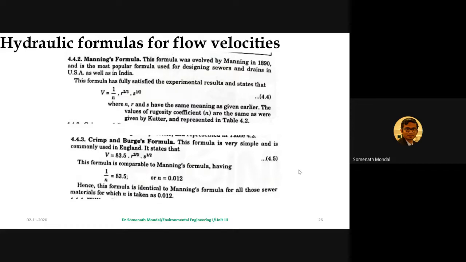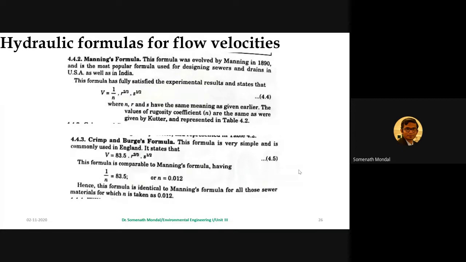That is why you should study Manning's formula with a lot of concentration, because you can get problems associated with Manning's formula in competitive exams as well. It says V equals 1 by n into R to the power 2/3 into S to the power half. So this is Manning's formula.